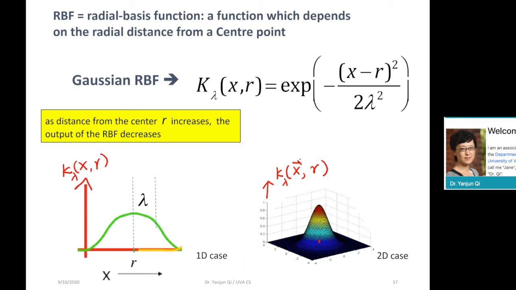This is the two-dimensional vector case, and this is the one-dimensional scalar case, the left and right.